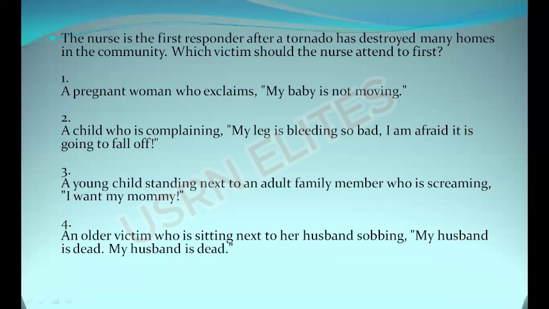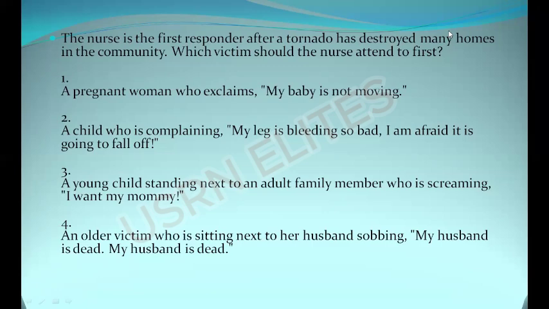Okay, Sister Gloria, let's go. So number one, if the baby is not moving and there's a likelihood of the woman losing the baby, you can't do much about it, so you have to forget about that one. Then number two, the child is bleeding, and the likelihood of the child losing a lot of blood and going into hypovolemic shock is high. So you have to attend to that child.